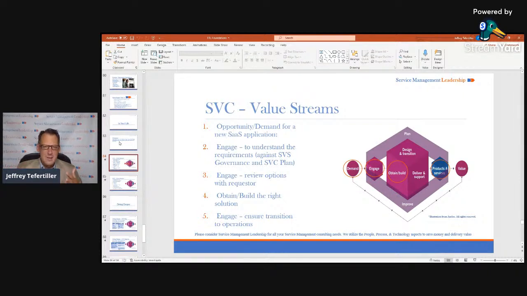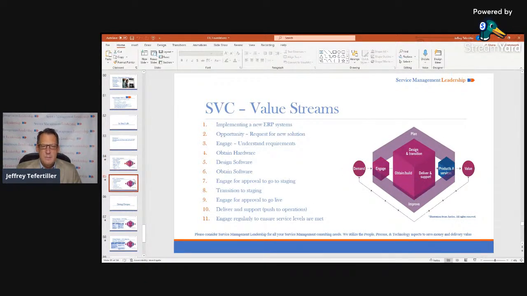So part of that, the first engage is talking to all the stakeholders, develop the requirements, come back to the requester, and then you'll either obtain or build, since it's SaaS, you're going to obtain the right solution, which is the products and services which create value, co-create value in ITIL4 terms.